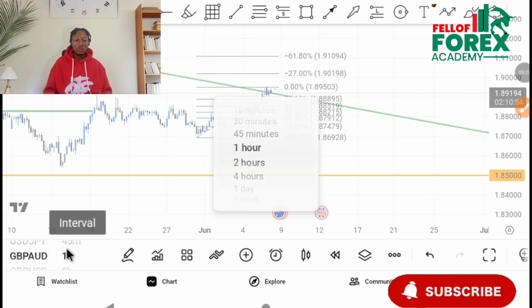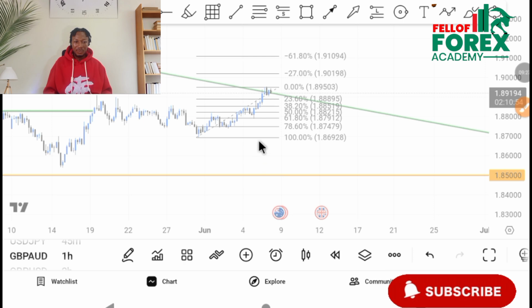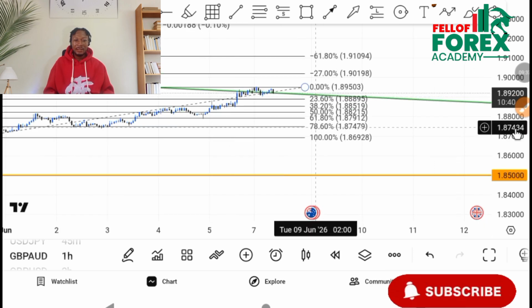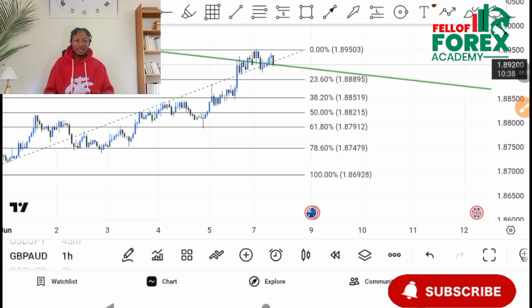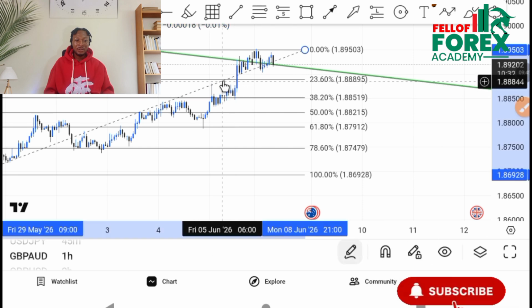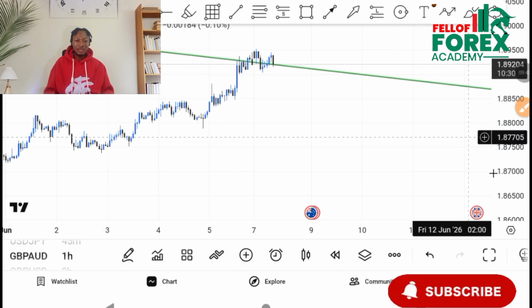And on the 1 hour time frame, we'll be waiting to see. On the 1 hour time frame, you see price is creating something like a head and shoulder pattern. So if it breaks through, let me expand, let me remove all these fib joints. Good.